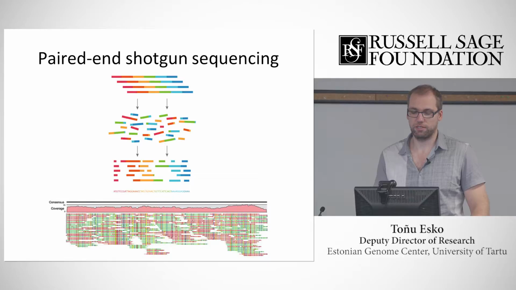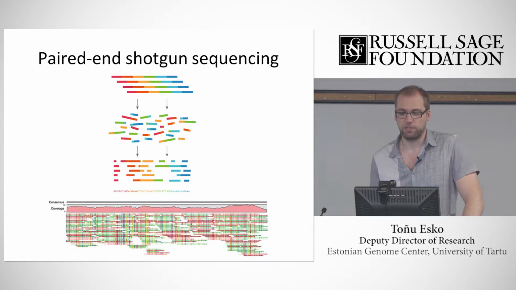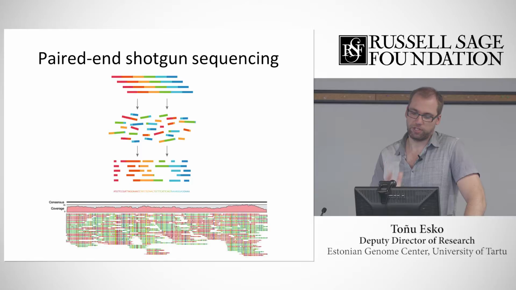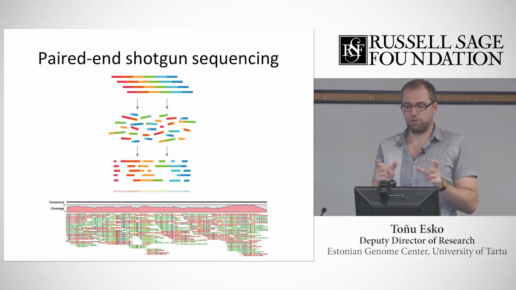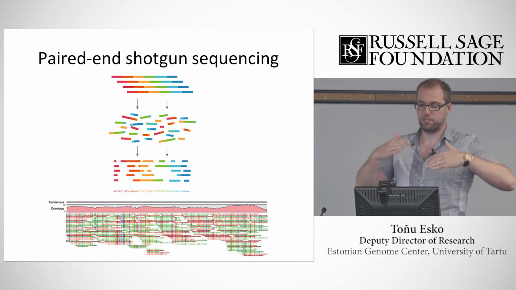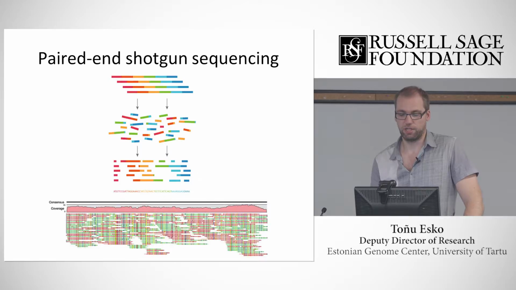Then we sequence those 300 base pairs randomly, and by chance a given position gets covered by many pieces. Then we use computational algorithms to put those very small 300 base pair sequences into one long sequence, and this is how it looks.